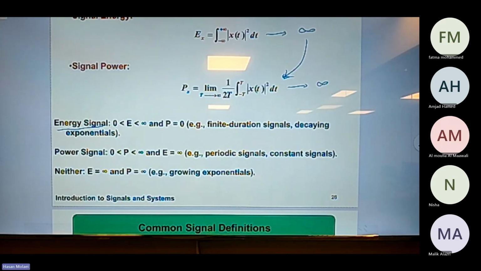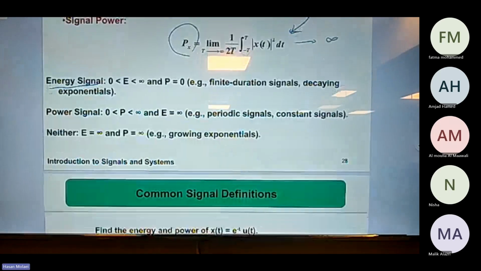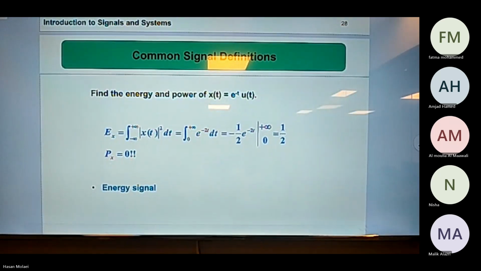When its energy is limited, we call it an energy signal. When its power is limited, we call it a power signal. For example, find the energy and power of this signal.